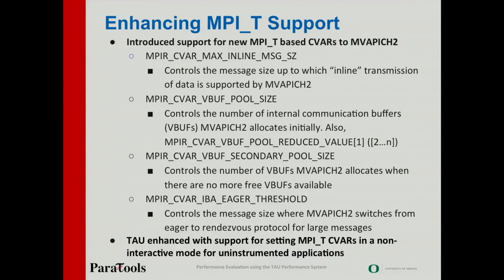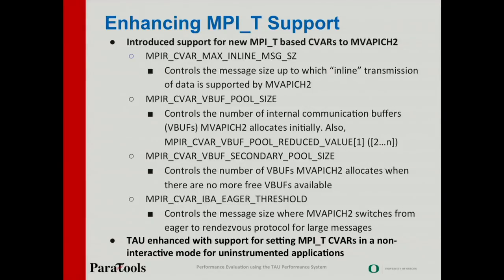So you may find that it's important to know things like what is the average message size that my program is using. What is the threshold at which this change takes place from eager to rendezvous?